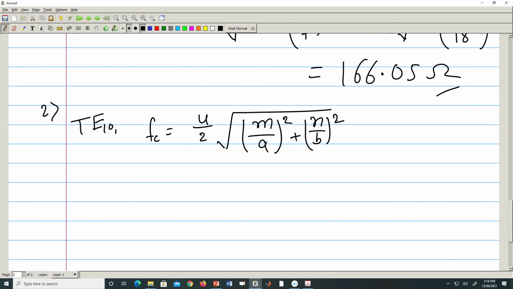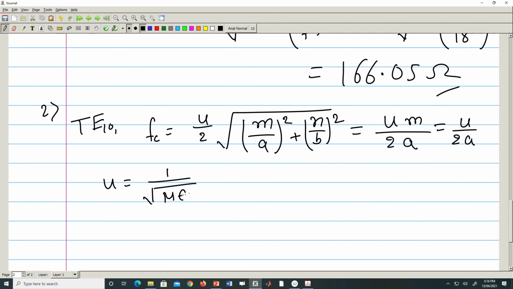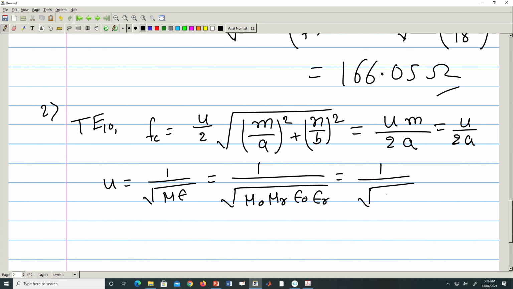So, it will be u by 2a, and for this case u will be 1 by square root of mu epsilon, and we can write mu epsilon as mu naught mu r epsilon naught epsilon r. So, this will be 1 by square root of epsilon naught mu naught into 1 by square root of mu r epsilon r. Here mu r is 1, epsilon r will be 4, and this first part is the free space velocity.